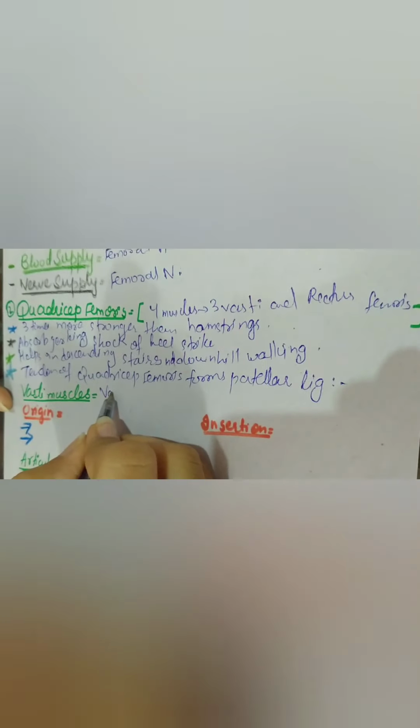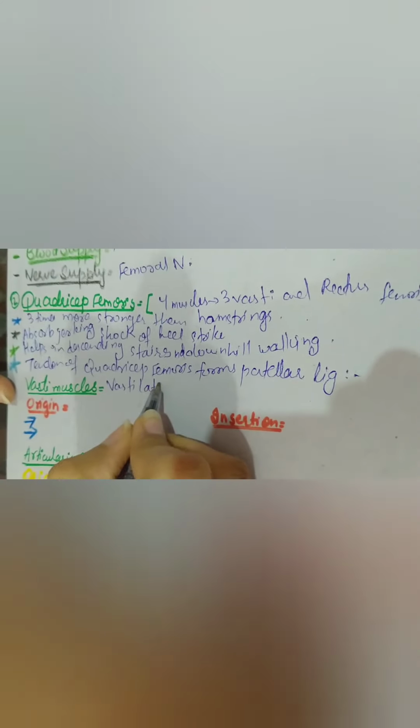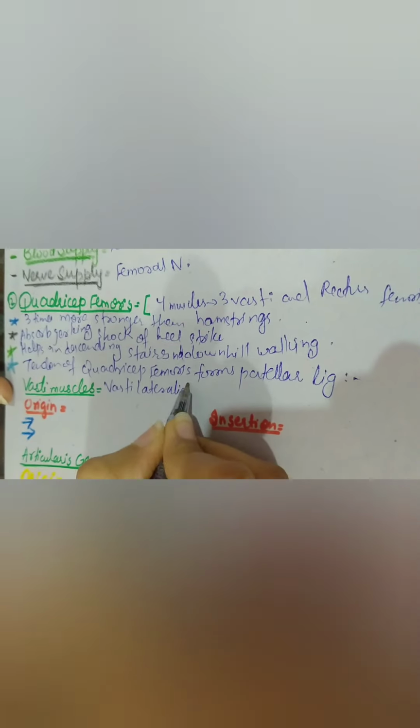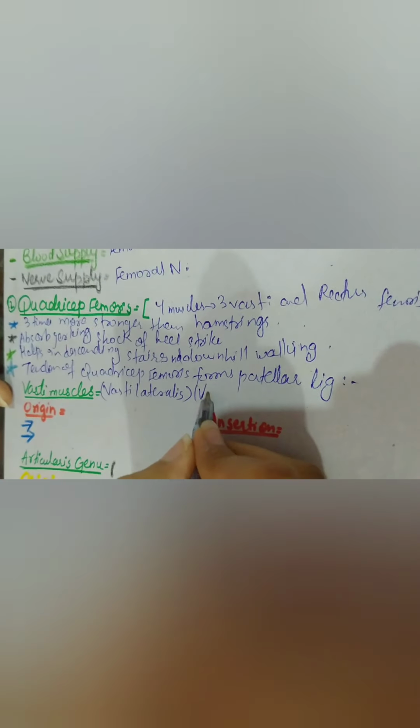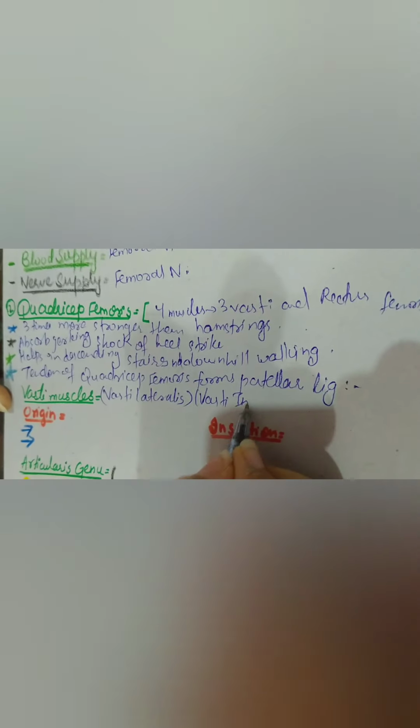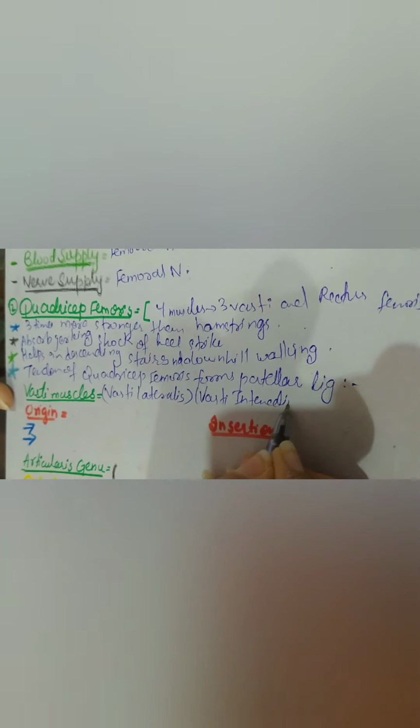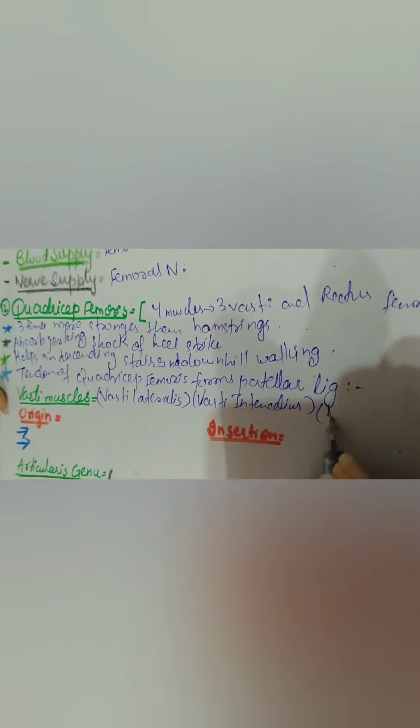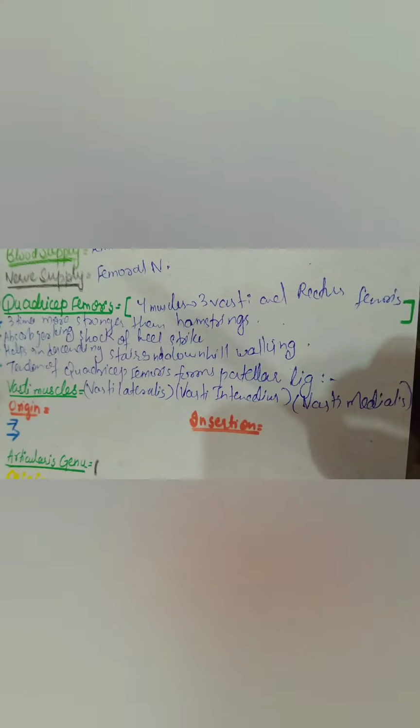Right? Now the 3 vasti muscles: vastus lateralis, vastus intermedius, vastus medialis. The vastus lateralis and medialis can be seen on the anterior thigh region without any incision or cutting of any muscle.